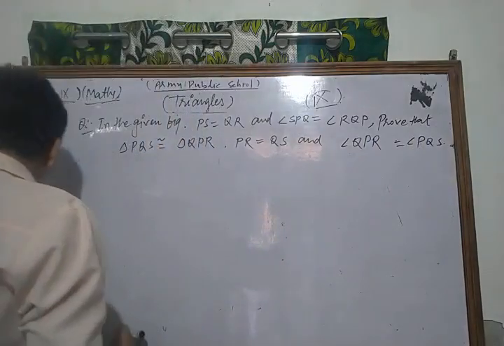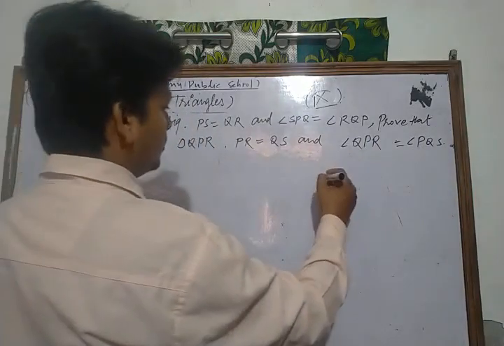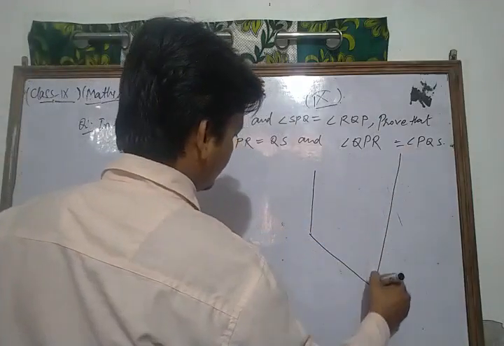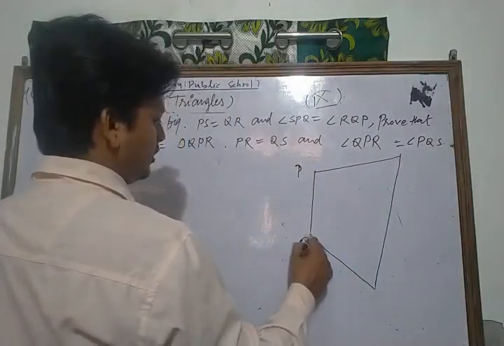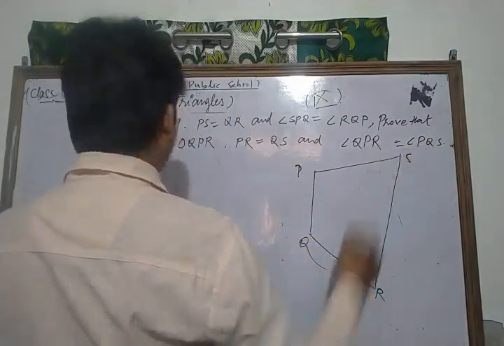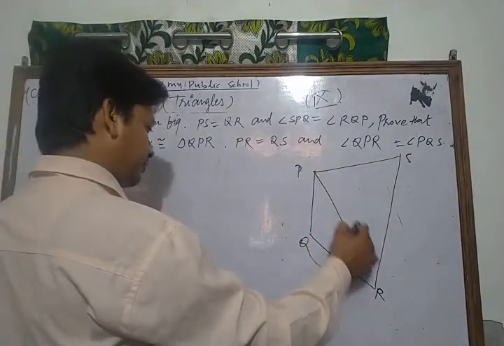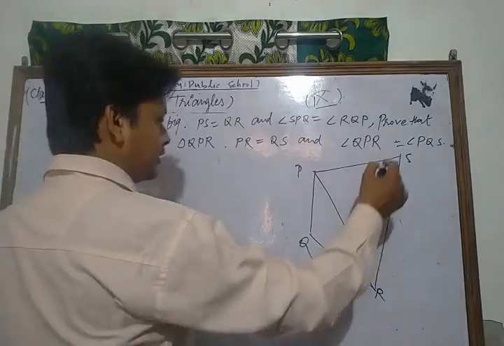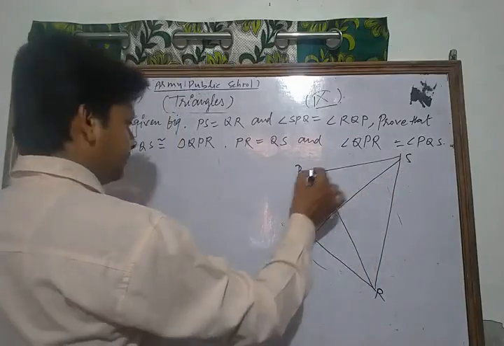This is the question, and your figure is PQRS, with diagonals PR and QS.